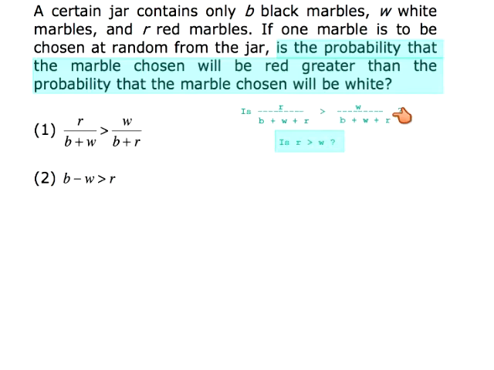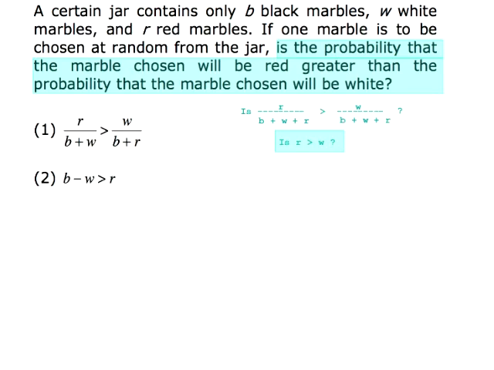All right, Thomas said something about statement 2 first. Hey, why not? That B minus W is greater than R. First, let's make sure we know what the goal is.